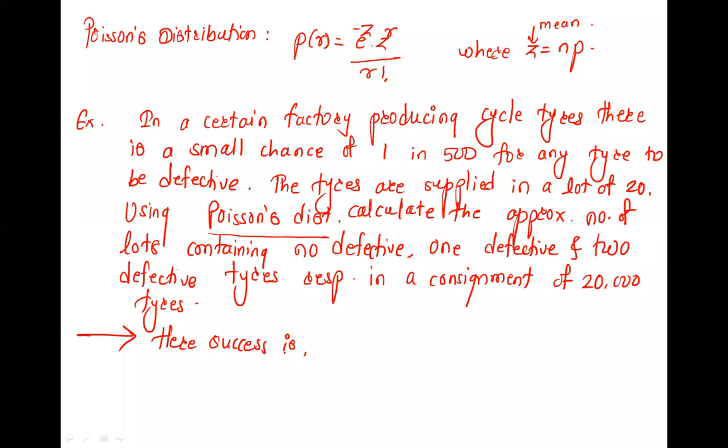What is the success? Can you just define success? Calculate the approximate number of, means it is not the probability, it is frequency, right? Number is a frequency containing no, 1, 2 defective tires.